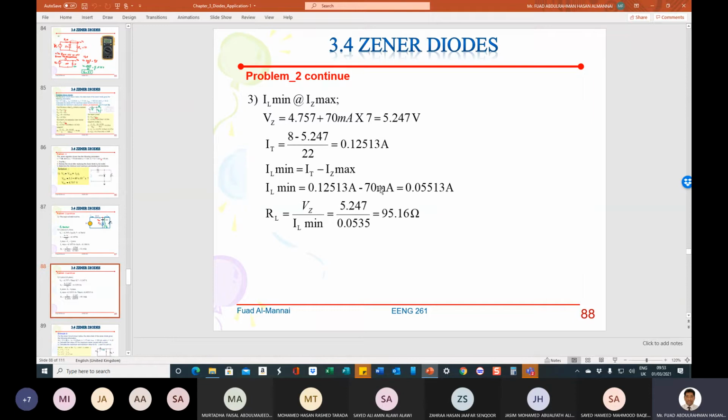Substitute, and that will give you 0.05513 amps. Find RL using Ohm's law, which is VZ, 5.247, divided by IL min, and that will give you 95.16 ohms.